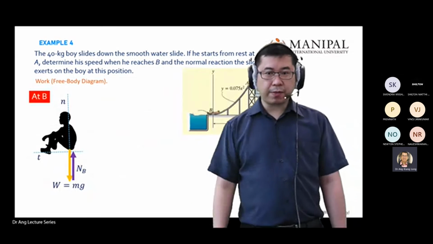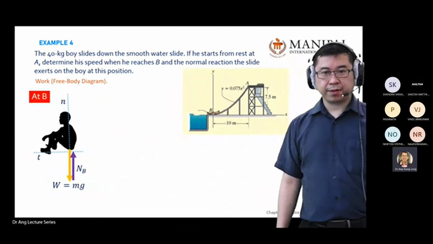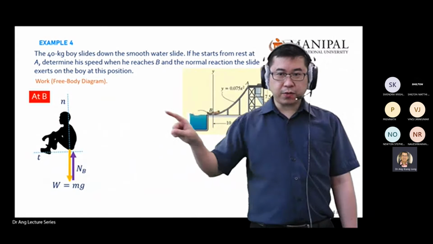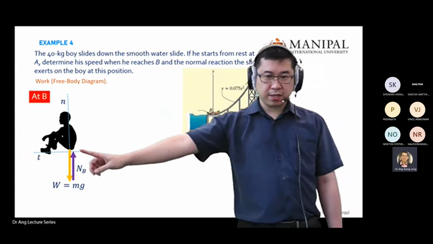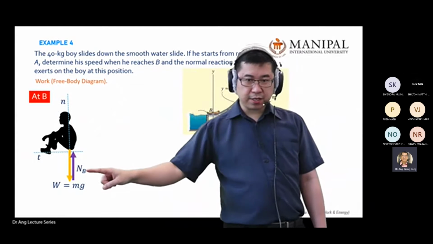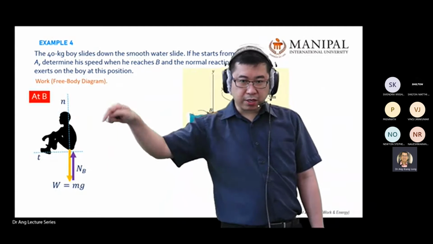Let's look at what happened to B. When you reach B, your normal NB is perpendicular to the contact surface, and the weight is still pointing down.